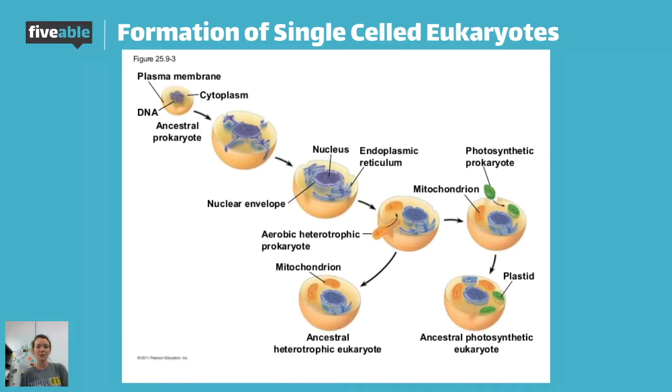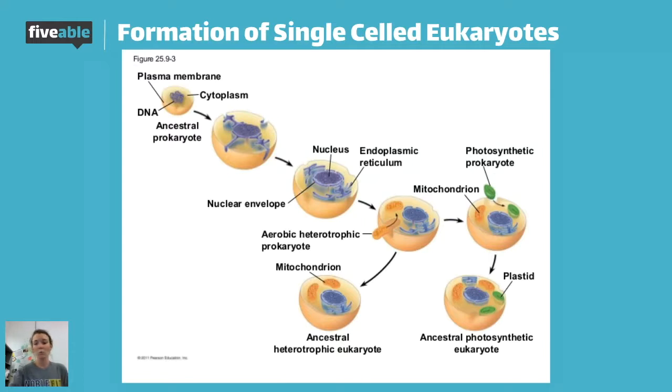And that was hugely helpful to that cell, which would give it an advantage to survive and reproduce more. And now we have a whole fleet of amazing eukaryotic cells. Then over time, those same eukaryotic cells probably engulfed a photosynthetic prokaryote, perhaps a cyanobacteria, which would have been the precursor then to the plant cell.